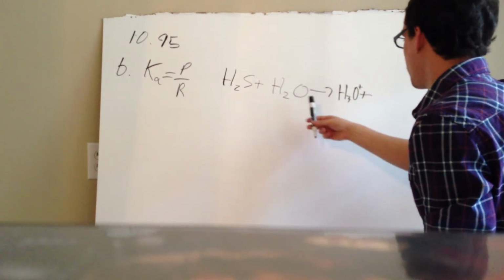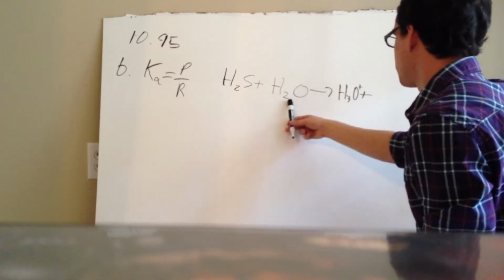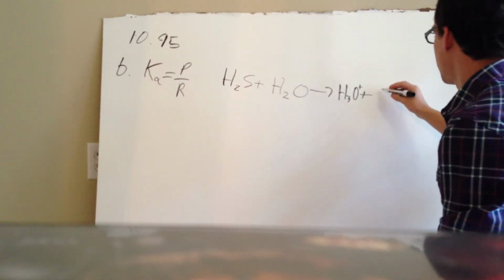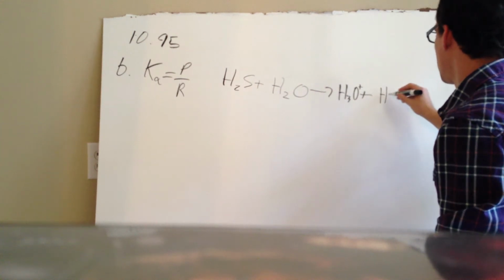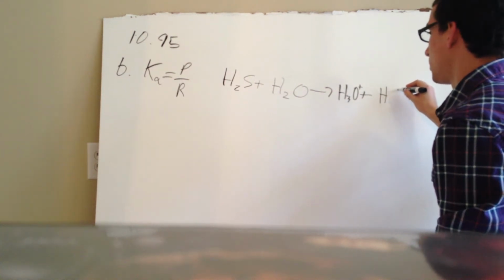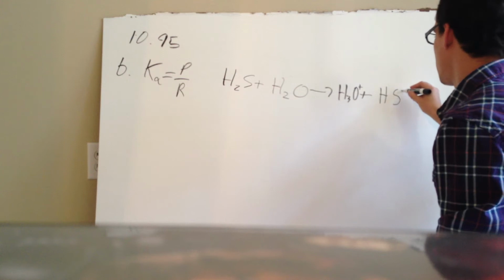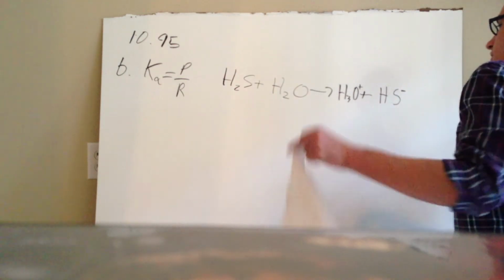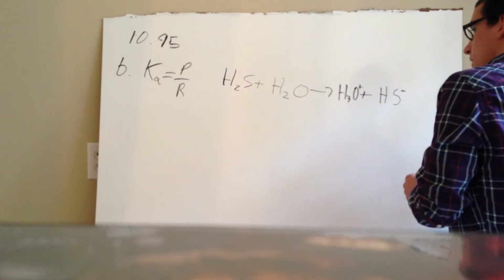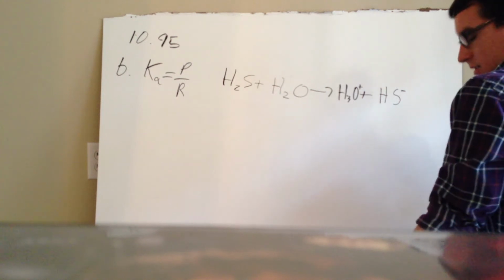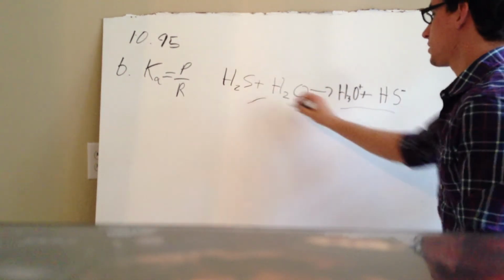And then HS negative. Okay, so let's plug this in for the Ka. These are our products. These are our reactants.